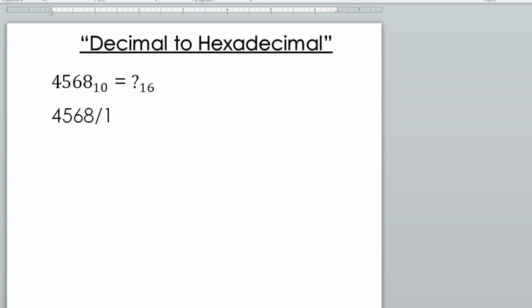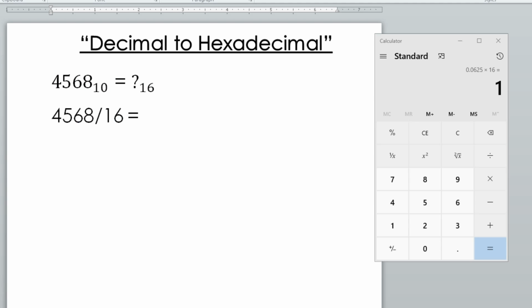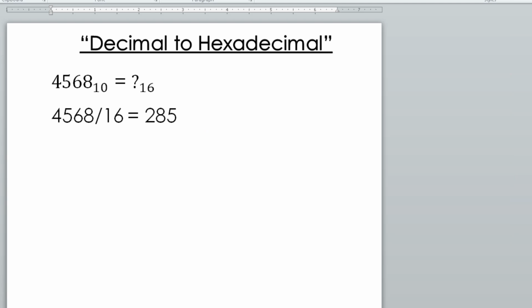4568 divided by 16, let us use the calculator for this, is equal to 285.5. What we are going to do next is identify the whole number, or integer, and its remainder.